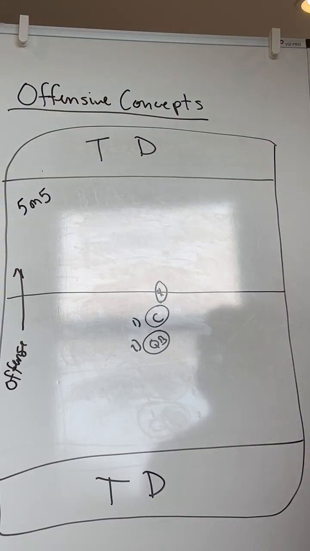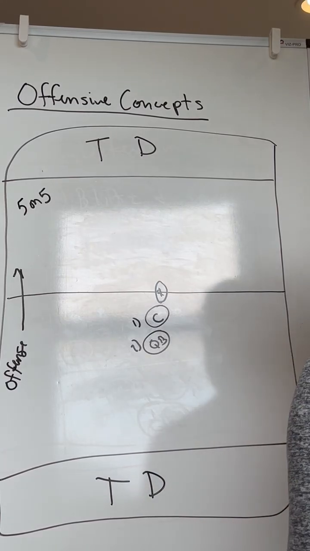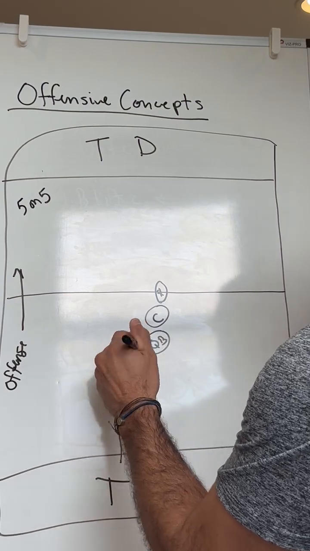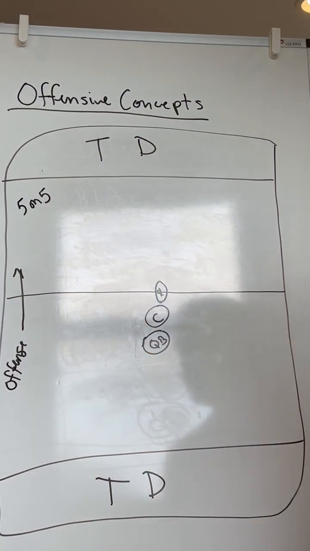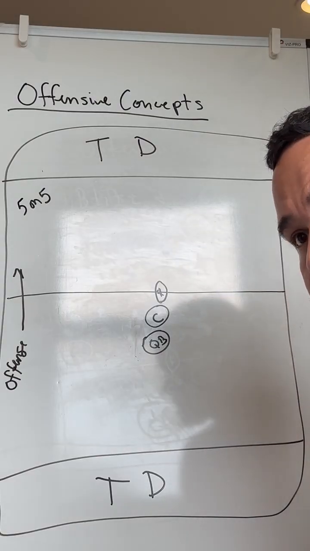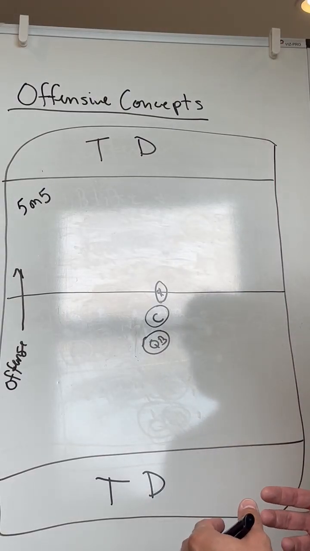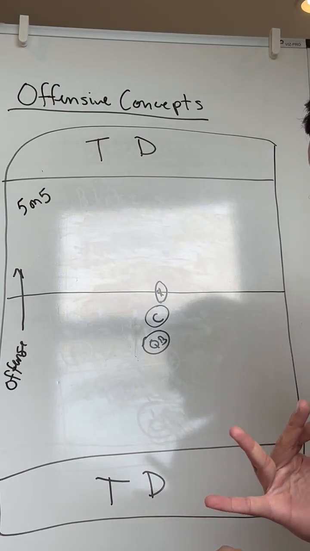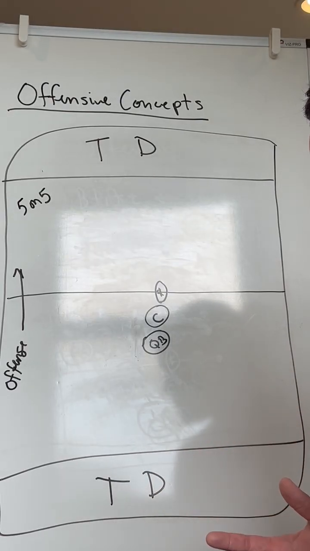But as a starting point, we are going to be in a formation every time that we snap the football. We're basically going to use 2 formations, and conceptually, we're going to use 2 terms to define what formation we're trying to be in.